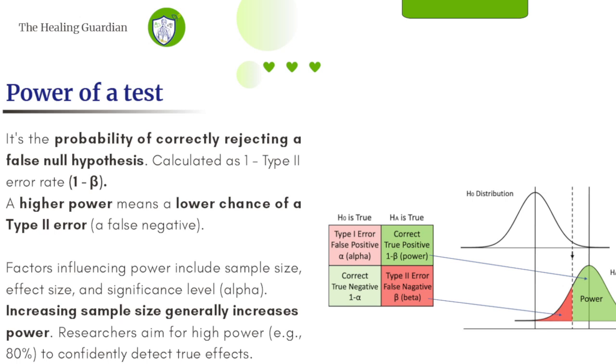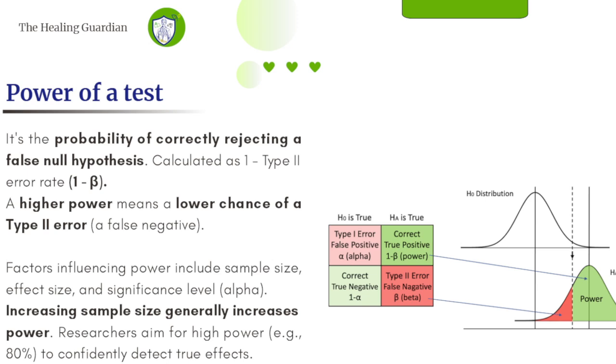Power of a test. After you have carried out either a Z test or a T test, usually we ask you to calculate its power. The power of a test is the probability of that test correctly rejecting a false null hypothesis. Meaning, if the test is showing you statistical significance, you want to say what is the probability that this test will reject the null hypothesis when the null hypothesis is wrong.